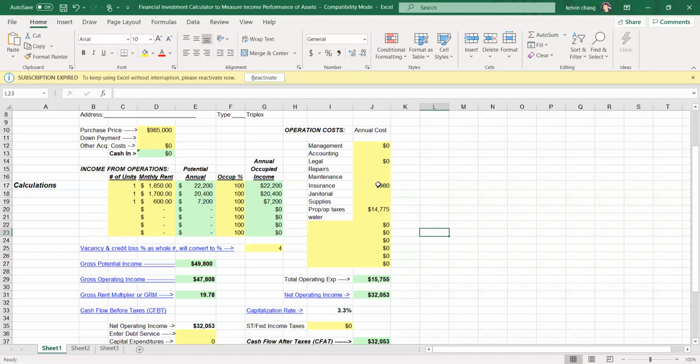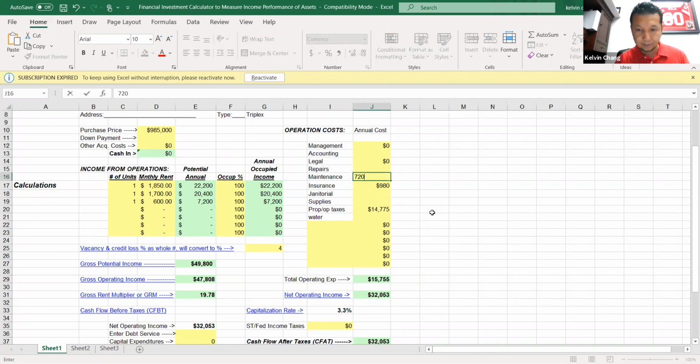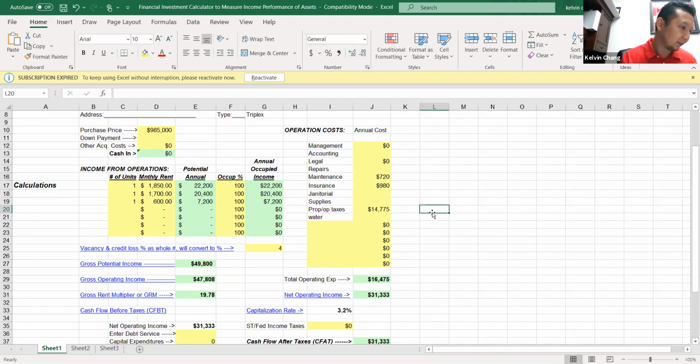And they pay a gardener $80 a month. No, I'm sorry, $60 a month. It's $720. Oh, no. Okay, I'm sorry, I'm reading my notes over.